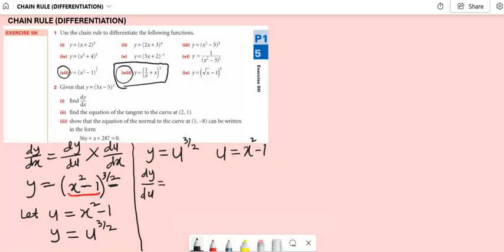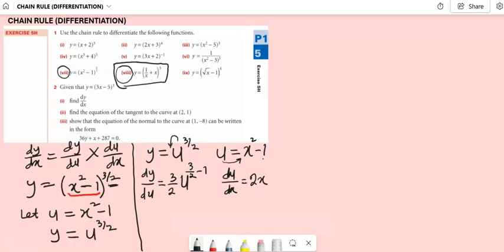This will be equal to 3 over 2 will come down, that will be 3 over 2 u, then 3 over 2 minus 1. I can also get my du dx. My du dx, that differentiates u with respect to x, will be equal to 2x. If you differentiate any constant, it will give you 0.